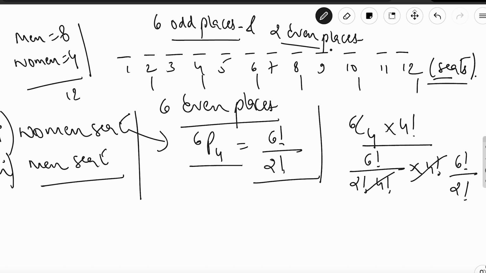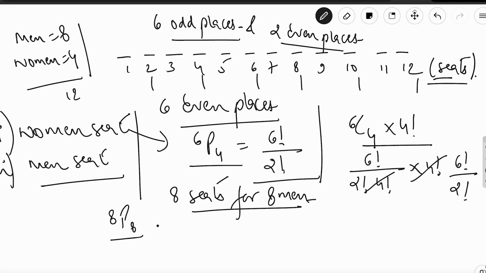So now there are a total of 8 seats for 8 men. So this could be done in 8P8 ways, which is 8 factorial by 0 factorial, and we know 0 factorial is 1, so this is basically 8 factorial.